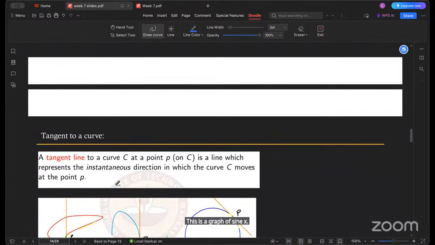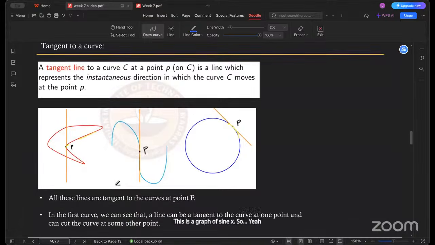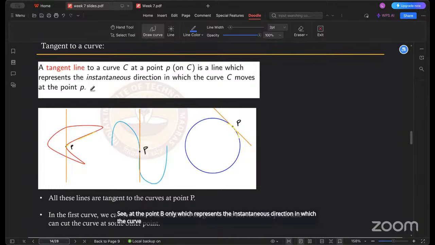So now tangent. How are we defining it? The tangent line to a curve C at a point P on C is a line which represents the instantaneous direction in which the curve C moves at that point P. So for example, you take this curve.